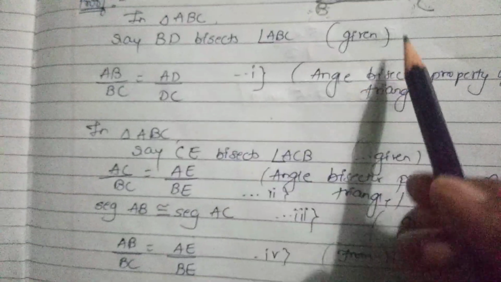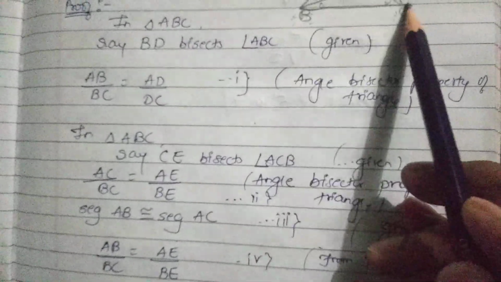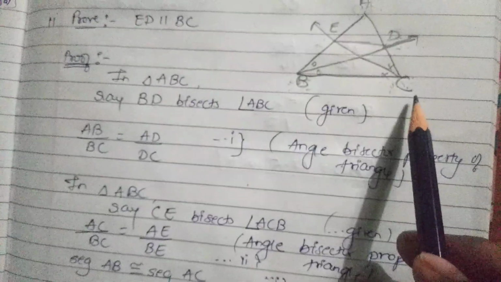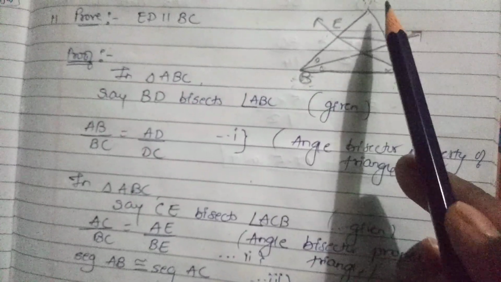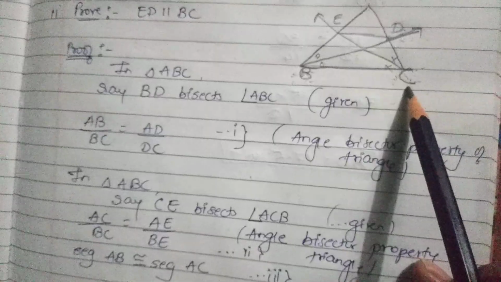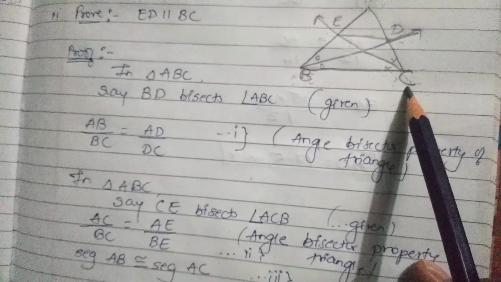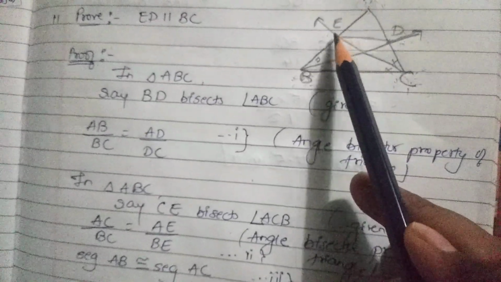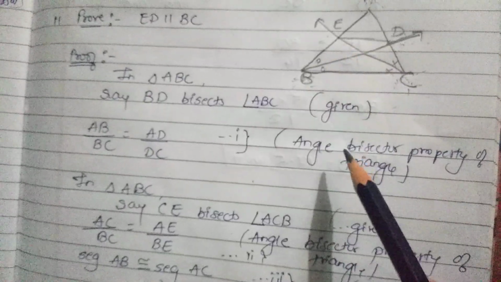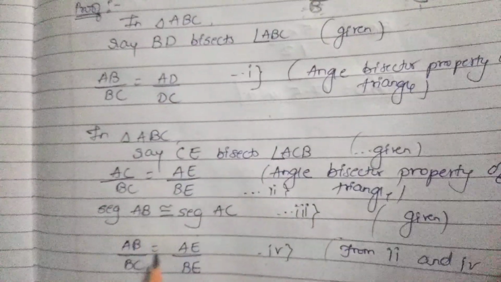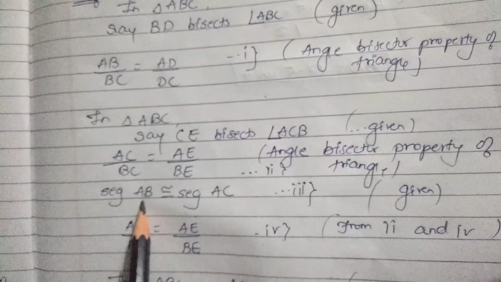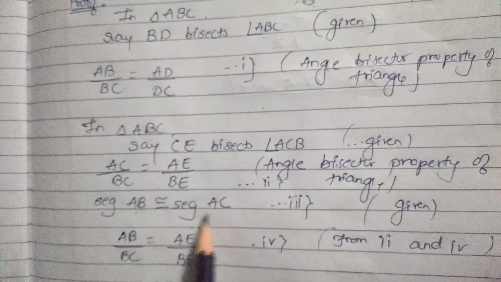Statement number 1. Again, in triangle ABC, CE is the angle bisector of angle ACB. So AC upon BC equals AE upon BE. Statement number 2. But they have given us that segment AB is congruent to segment AC.